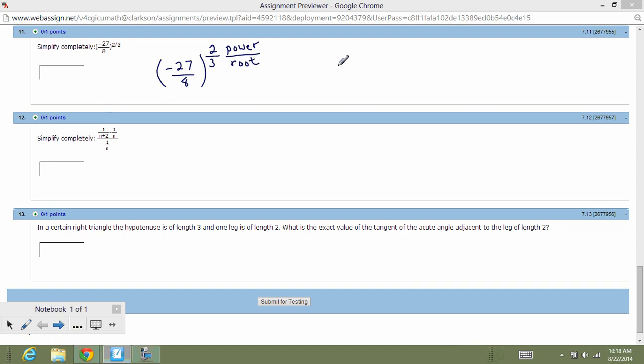So in essence, one way to write it would be that it's asking for the cube root of 27/8, of actually negative 27/8, and then they want to take that result and square it. Now, it could be written the other way: negative 27/8 squared and then do the cube root. But typically, in terms of evaluating, in terms of simplifying, you want to do the root first if you can, because that's going to make the number smaller to work with.